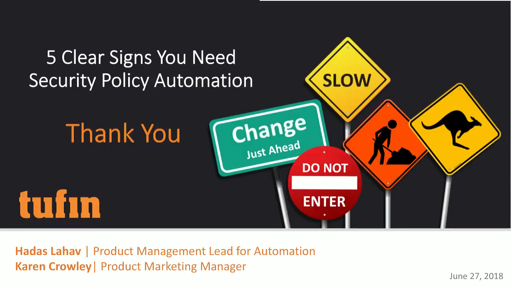Now, this is a tricky one because on one hand, you want people to be able to process more requests per day, but on the other hand, because there are fewer mistakes, eventually you would want to have fewer requests in the system, so you would need to look at this KPI carefully.